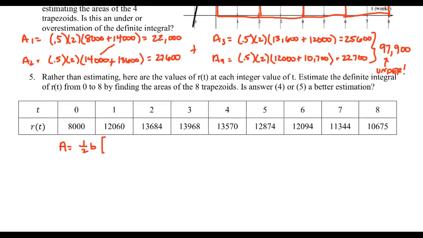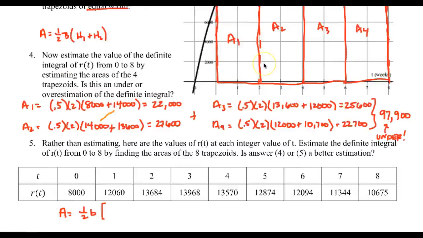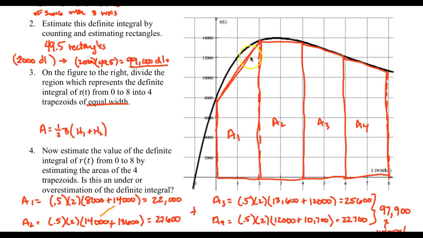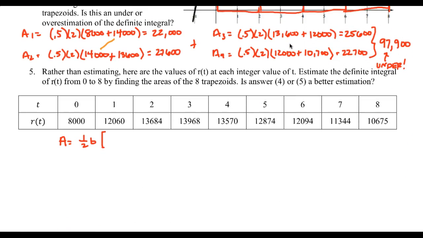Do you see that? So the height here was the same between those two trapezoids. And then the same thing occurred here, 13,600. The next trapezoid had an initial height of 13,600. And the same thing happened. So the same thing will go on and on and on, that each two trapezoids will share one of their heights with the next.